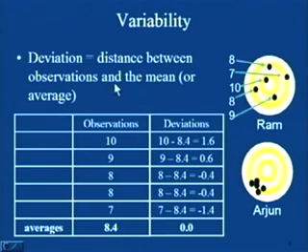and if we define the variability as the deviation, this means the observation minus the average value, observation minus the average value, and so on for each observation. If you see, the first and second observations are higher than the average value, and in the last 3 observations it is less than.